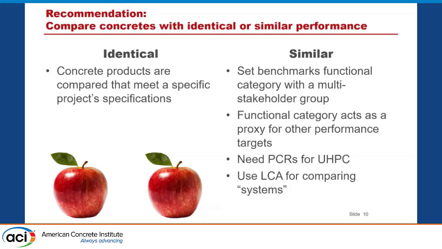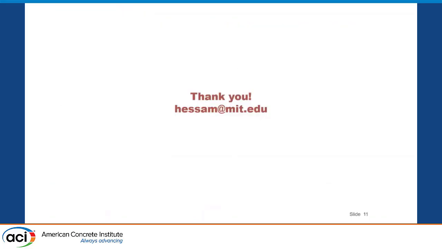Moving forward, there is a need for a PCR, a product category rule, which provides the rules and guardrails for developing EPDs for UHPC, and for using LCA when you want to compare different compressive strengths of concrete, where you can consider the impact of the properties of the materials, and durability is obviously an important factor to compare the systems against, as opposed to the volume of the materials only.